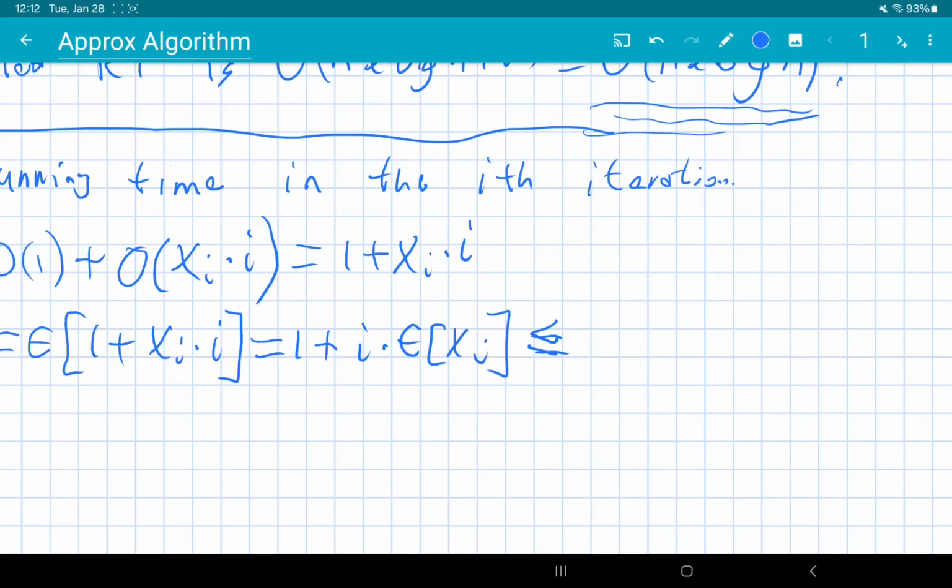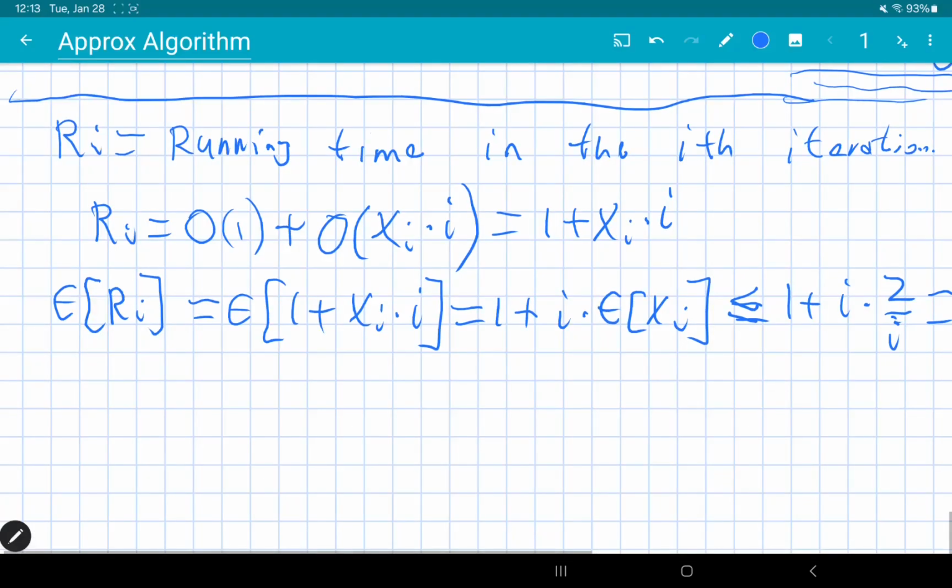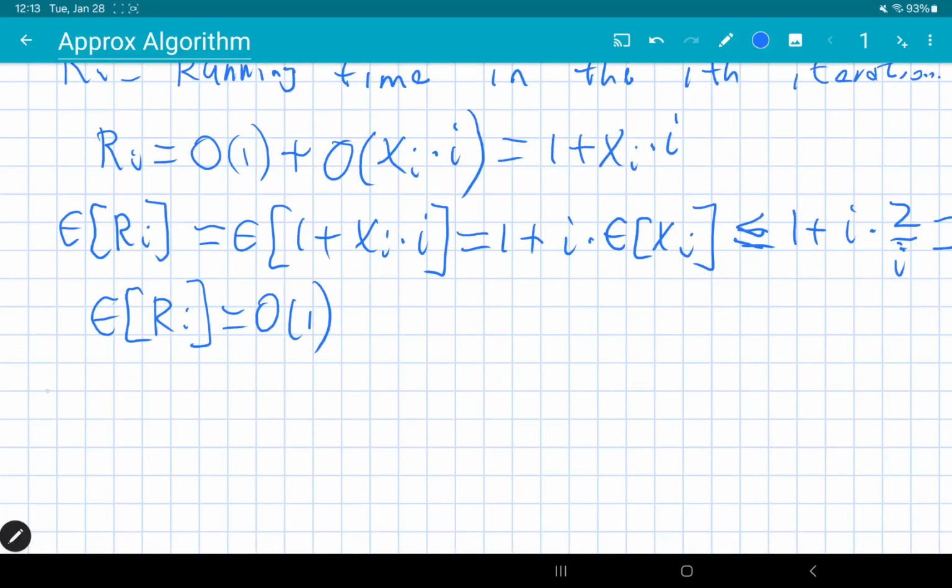So it's at most 2 over I. So this is at most 1 plus I times 2 over I. Happily for us, I cancels out, so we get this as 3. And of course, we were ignoring the O, so what it means is that the expectation of Ri is O of 1. Namely, the expected running time in every step of the algorithm is a constant.